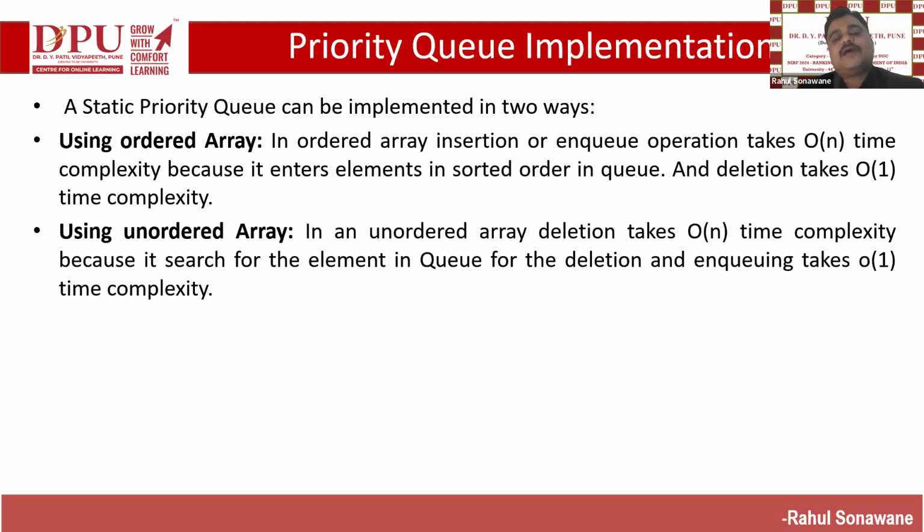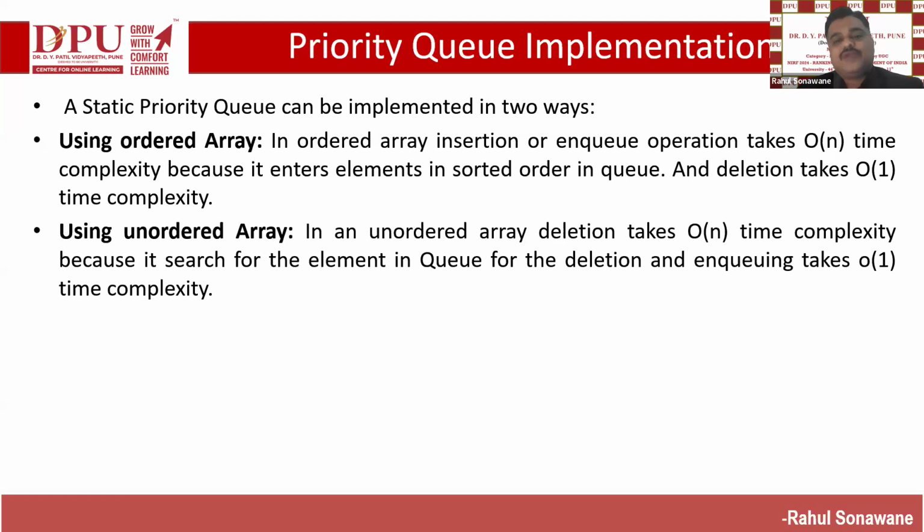In an ordered array, the insertion or enqueue operation is going to take big O of n time, because it enters the element in sorted order into the queue. As all the elements are in sorted order, let's say they are in ascending order, the first element obviously will have the minimum value, and the last element will carry the maximum value within that group of elements of our queue, right?